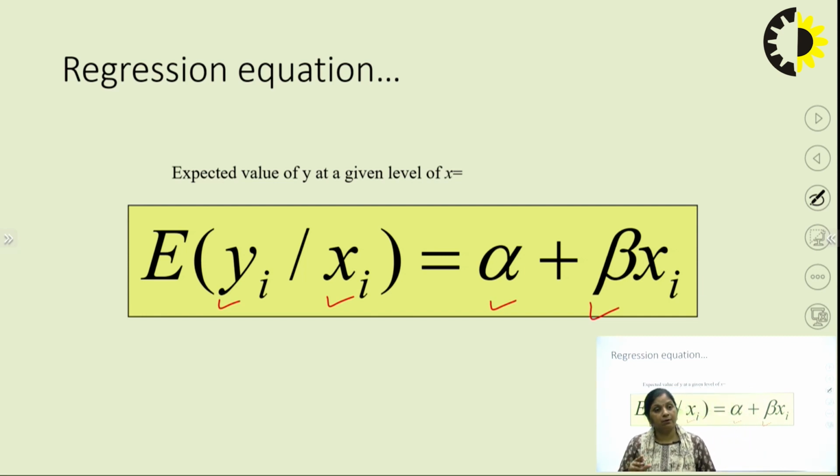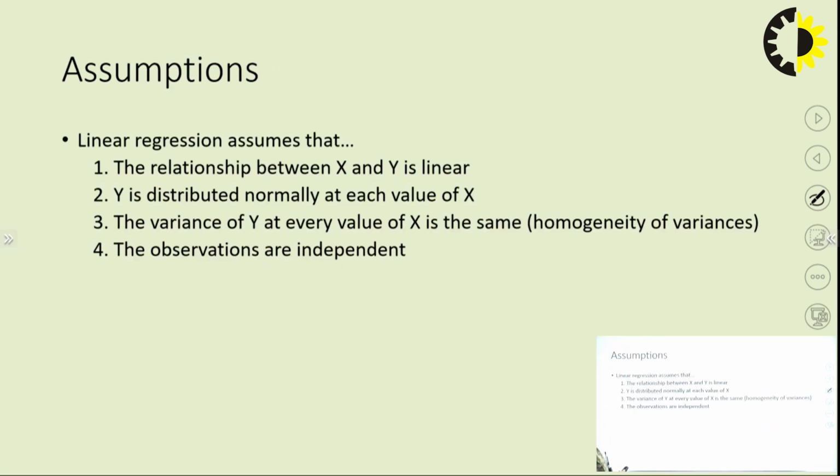So what do we mean by best fitting? We mean we are trying to minimize the sum of squared error. So what are our alpha and beta here, and how will we calculate them? We will calculate them with a few assumptions. What are those? The relationship between x and y is linear.